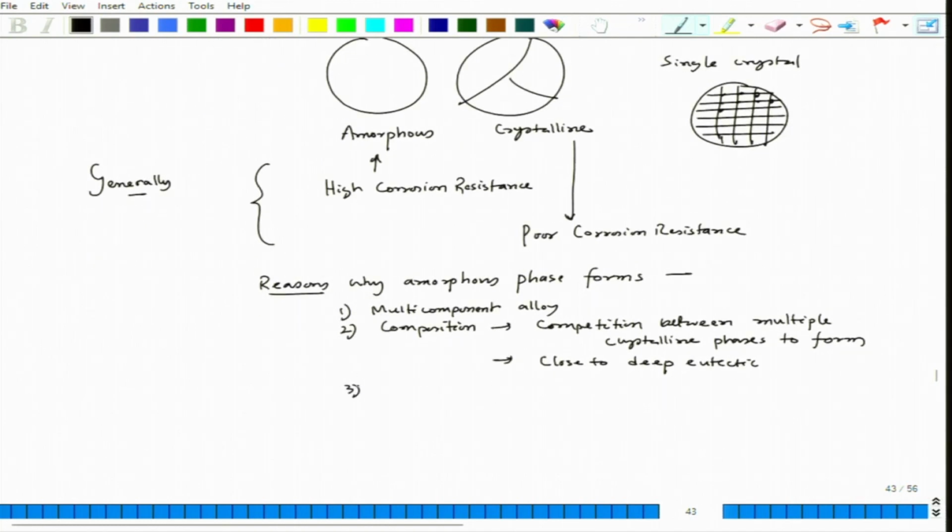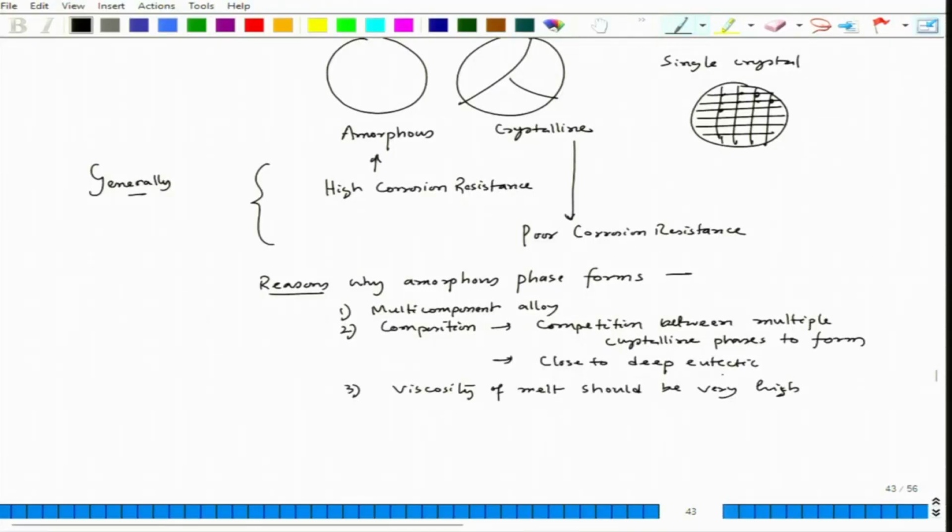At the same time, we have one more situation, where the viscosity of the melt should be very high. Now, when we have such situations, then generally the composition would try to form glass.